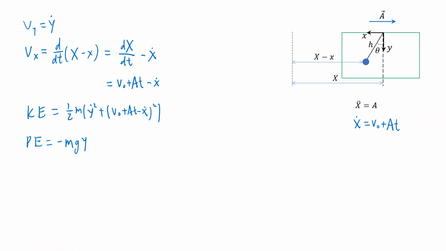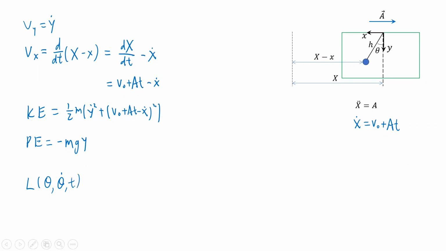And then what you do next is the same thing: you express x and y in terms of h and theta. At the end, you will have a Lagrangian that is a function of theta and theta dot, and this time you also have an explicit time dependence.